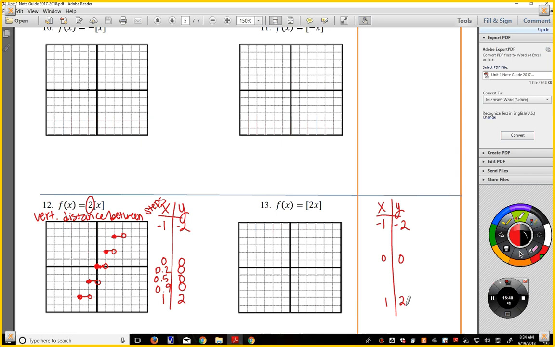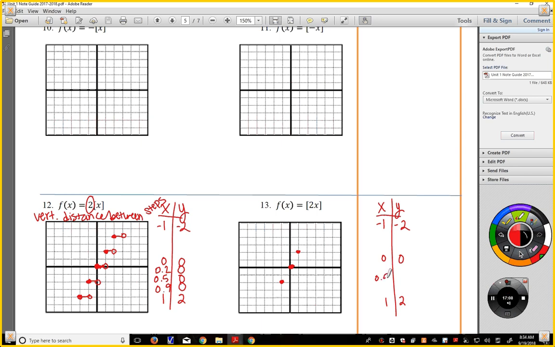Okay, so I'm going to go ahead and plot those 3 points to start, which don't look any different than what we started with over here. And then I'm going to go plug some stuff in between, just like I did before, because I'm uncertain about how this works and we want to figure it out.